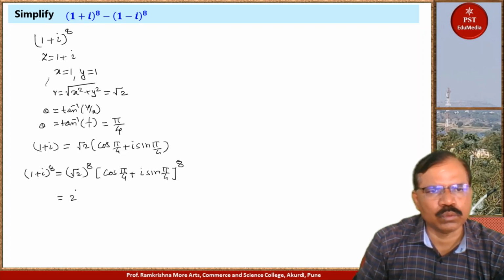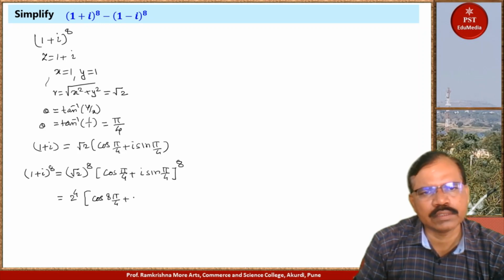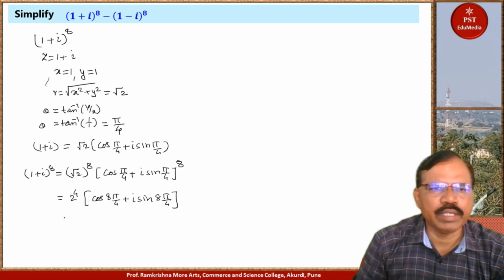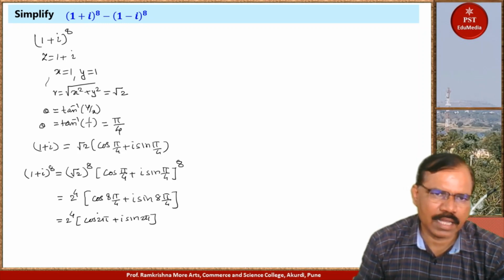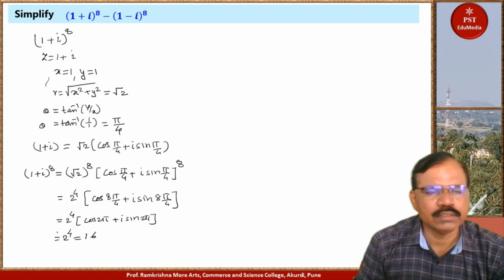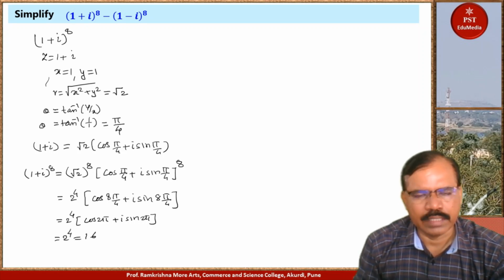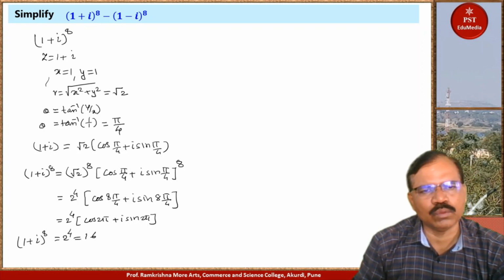So here 2 raised to 4 in bracket cos 8 pi by 4 plus i sin 8 pi by 4. So we get here 2 raised to 4, cos 2 pi plus i sin 2 pi. Now cos 2 pi is 1, sin 2 pi is 0. So we get this as 2 raised to 4, that is 16. So 1 plus i raised to 8 is equal to 16.